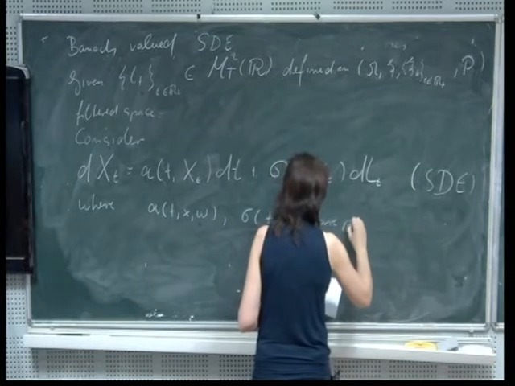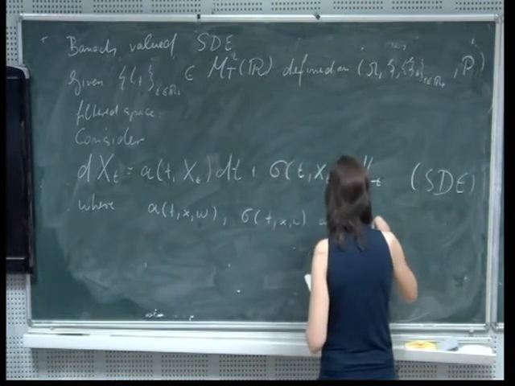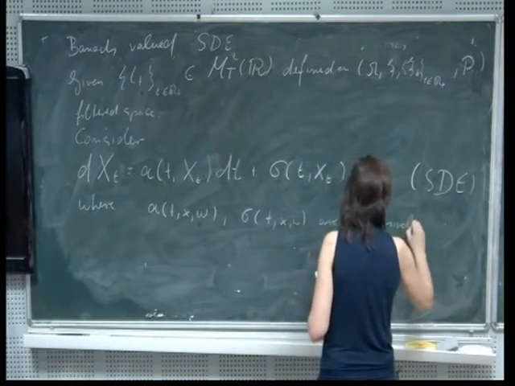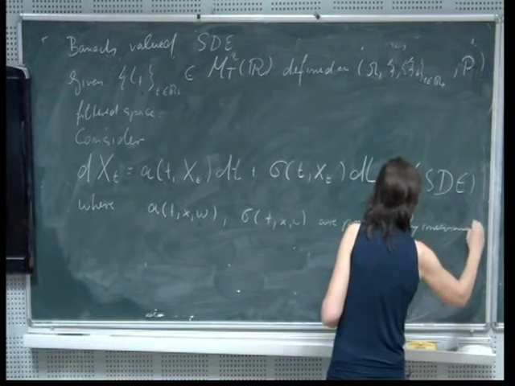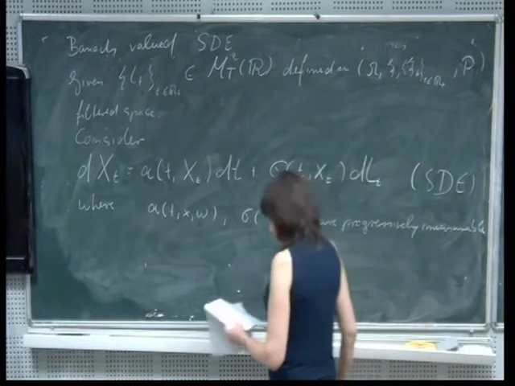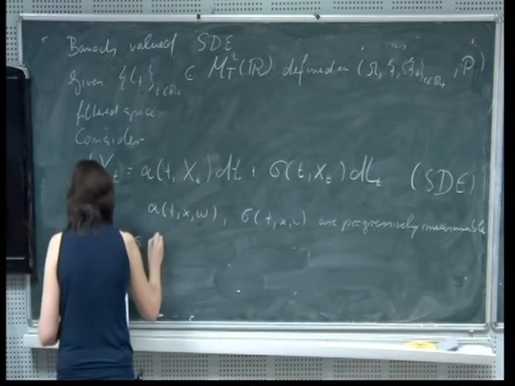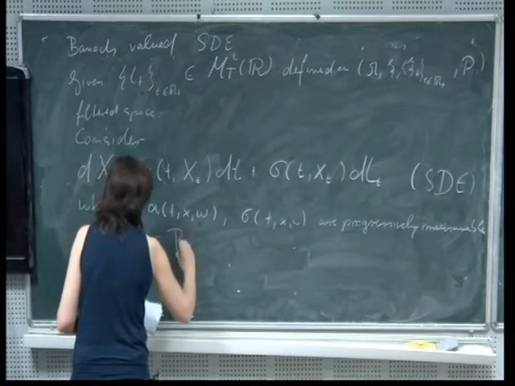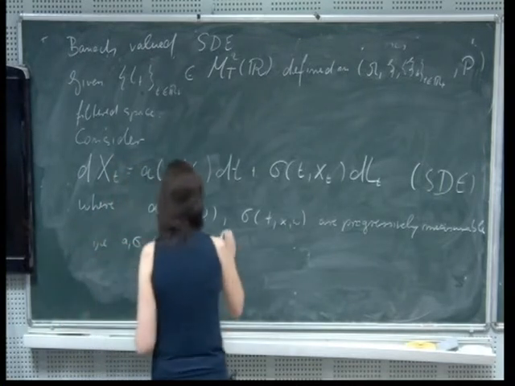I will say what it means, because we want to observe them on the same filtration. So A and sigma are in the space of progressively measurable functions.